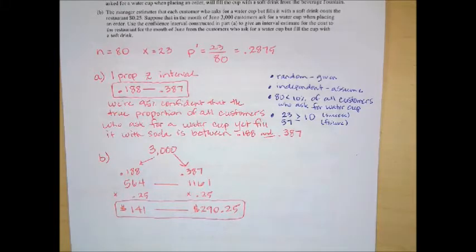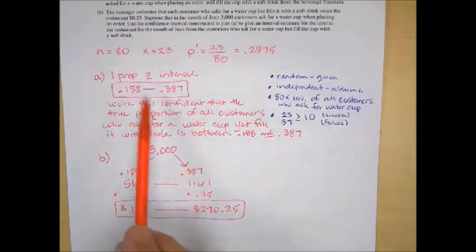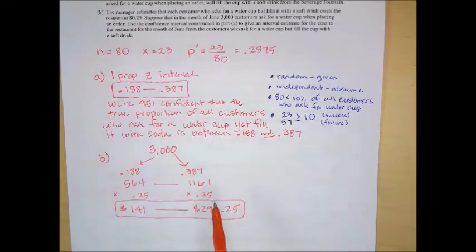Now in part B, they said, okay, let's say 3,000 customers. And it costs the place 25 cents per customer who does this. Well, first thing we got to do is find an interval that converts the proportion to the number of people who actually do it.